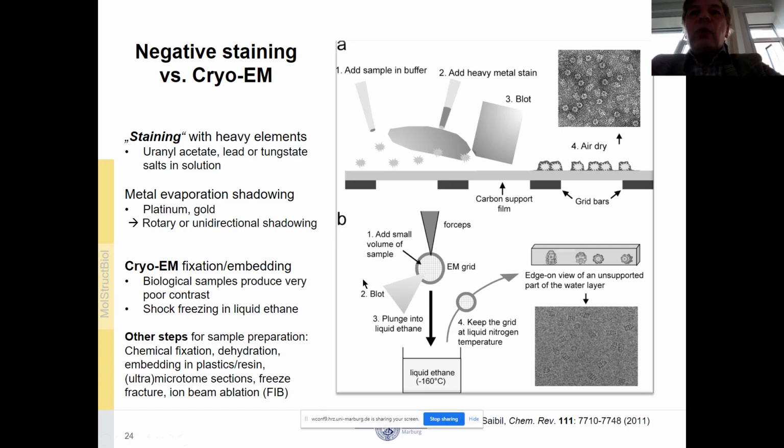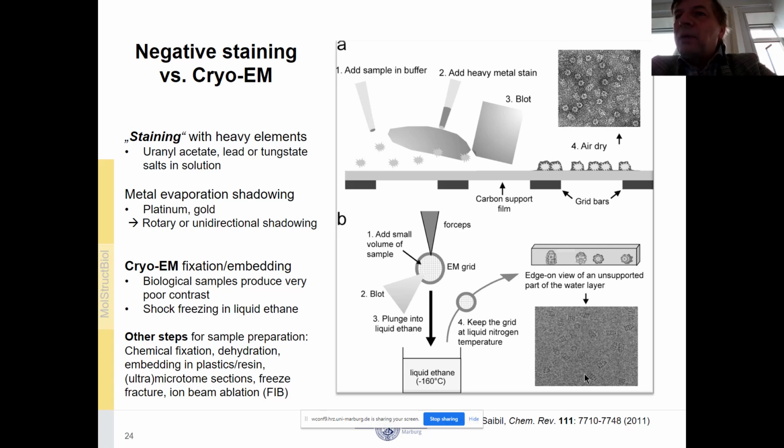The excess of liquid is sucked off with some paper, and then you plunge the whole EM grid into liquid ethane, minus 160 degrees Celsius. And then you keep the grid at liquid nitrogen temperature, and then you put it into the electron microscope, and then hopefully you have enough contrast, you see the particles. Like in this case here we see some particles, not very well, but somehow around. So you have to look carefully to see that with the naked eye.